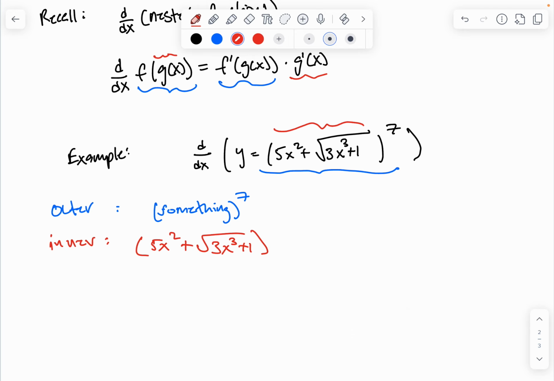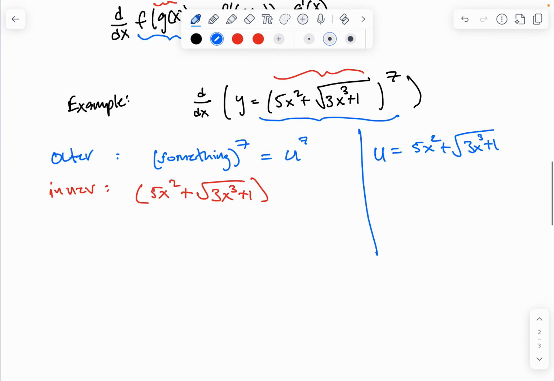So let's rewrite the outer function. Instead of saying something to the 7th, we're just going to say u to the 7th, and u is equal to 5x squared plus square root 3x cubed plus 1. So it's just the inner part. Let's start by taking the derivative of the outer.